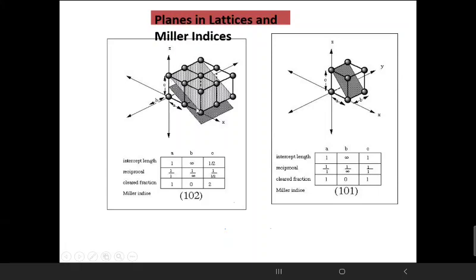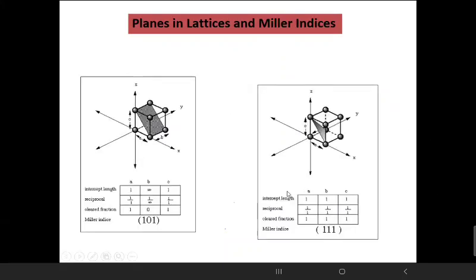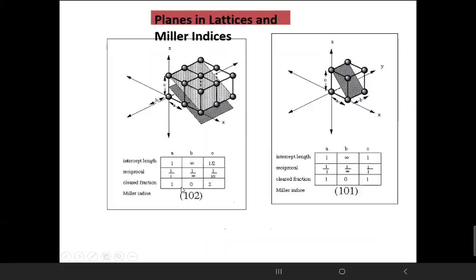Consider it like that. So the reciprocal is 1, 0, 2. We'll consider this one. This one is also very similar to the first one, 1, infinity, 1. So the same picture.